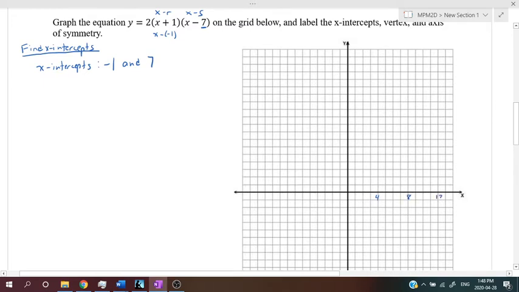Now I've worked ahead a little bit and I know how much space I need. So I know that I'm actually going to need to count up by 2's here. So 2, 4, 6, 8. So you can go ahead and label your graph that way.